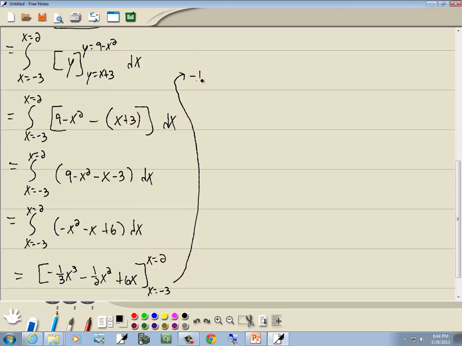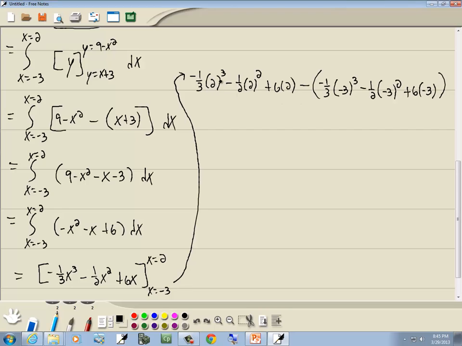So I'll have negative 1/3 times 2 to the third minus 1/2 times 2 squared plus 6 times 2 minus, and now put parentheses because, again, the negative has to affect everything that follows it. Now put negative 3 in for the x. So we got negative 1/3 times negative 3 to the third minus 1/2 negative 3 squared plus 6 times negative 3.